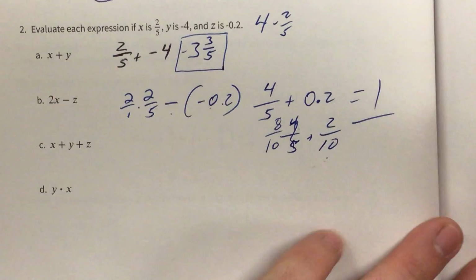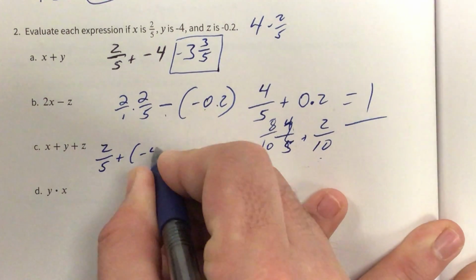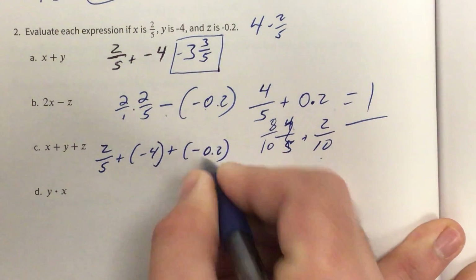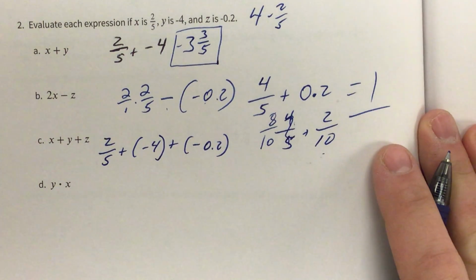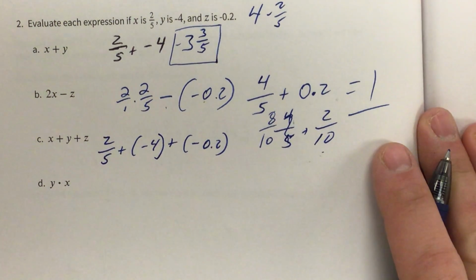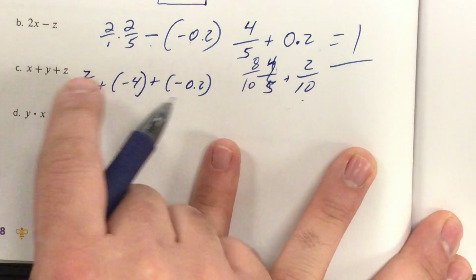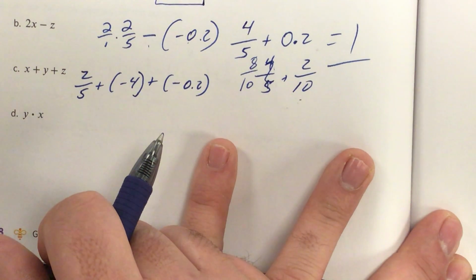Next one, adding them all together. 2/5 plus negative 4 plus negative 0.2. Want to do fractions or decimals? Who wants fractions? Who wants decimals? Looks like decimals barely went 1 out. 2/5 as a decimal. 2 divided by 5. 0.4.